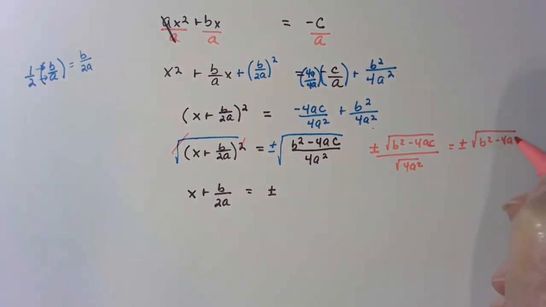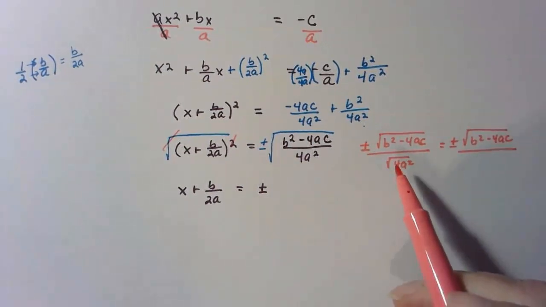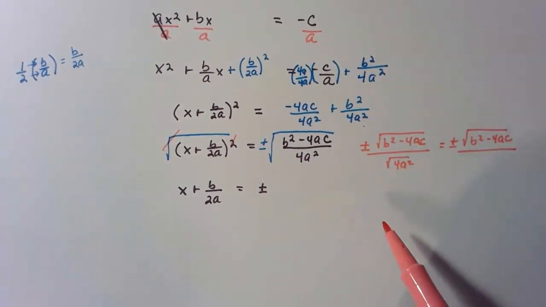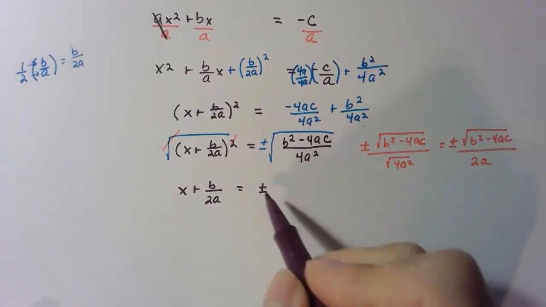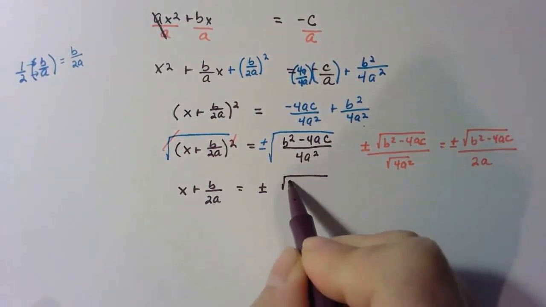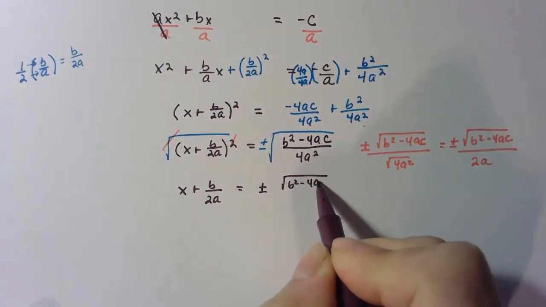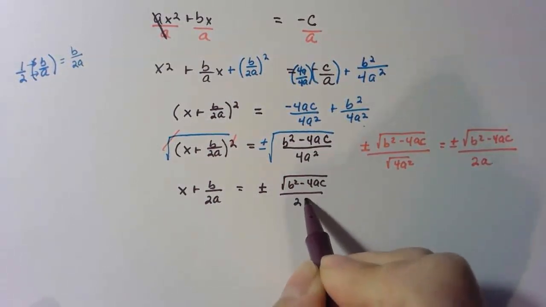In fact, I can't do anything at all, but downstairs here in the denominator, I know that 4 is a perfect square and a squared is a perfect square. The square root of 4 is 2, and the square root of a squared is a, so I can get rid of that radical. So what I'm really left with on the right is plus or minus the square root of b squared minus 4ac all over 2a.